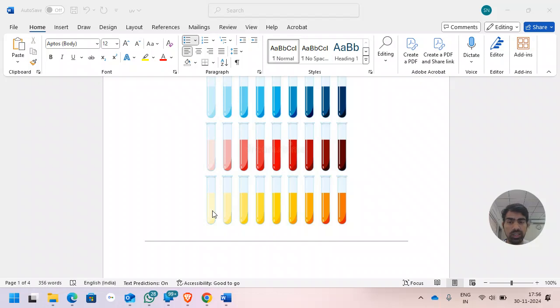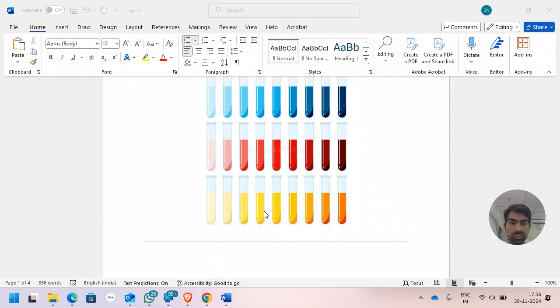They used a physical method to compare the colors. They prepared these standards and compared them physically with the test tubes. If a test tube matched a standard, they would say this is 4 ppm, it contains 4 ppm.